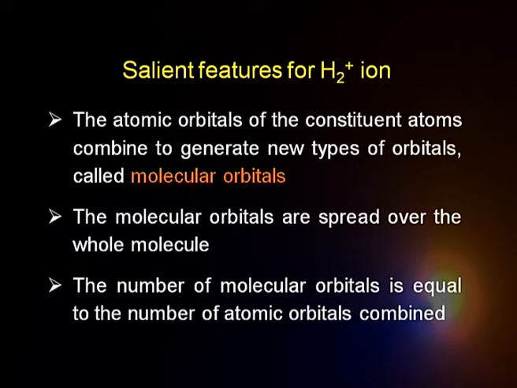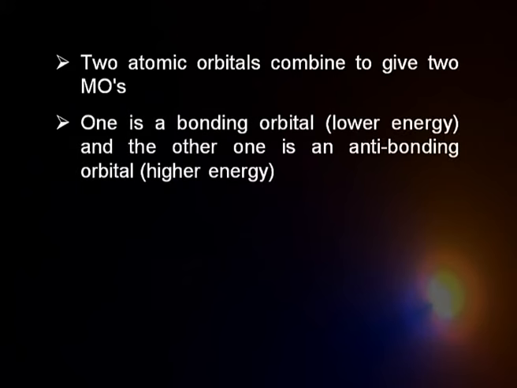And also we learnt that the number of molecular orbitals you obtain is equal to the number of atomic orbitals contributing to the formation of molecular orbitals. In the case of the hydrogen molecule ion, you remember that we used only two atomic orbitals, say one s A and one s B, and in the process we got two molecular orbitals. Out of these two, one was a bonding molecular orbital of lower energy, and the other was an anti-bonding molecular orbital of higher energy.